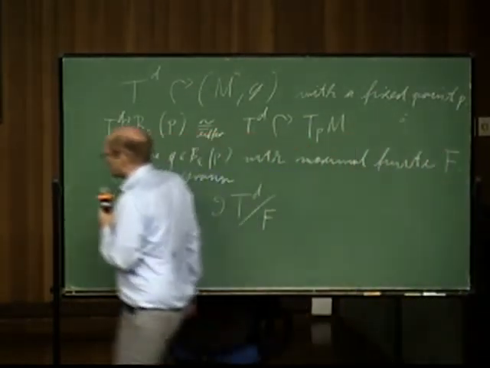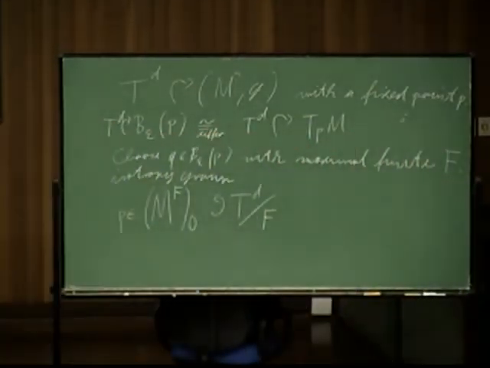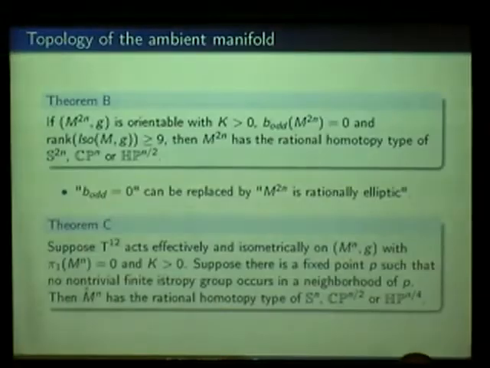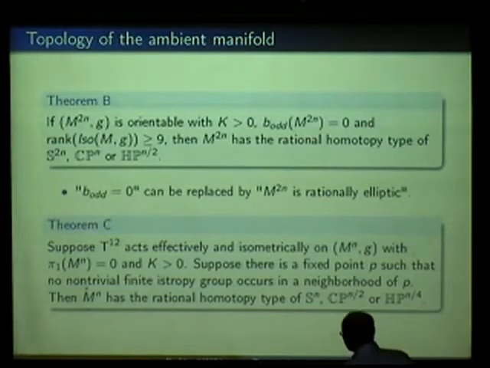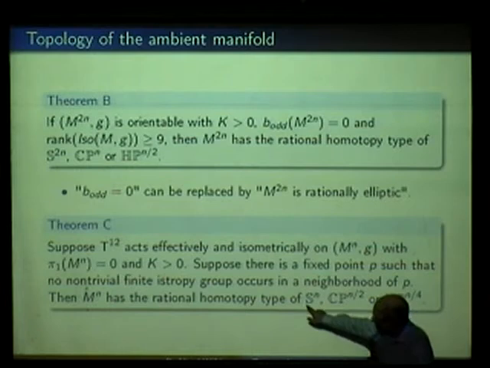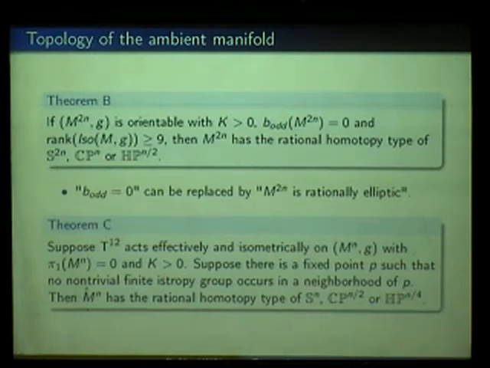So there will be these totally geodesic submanifolds, so that the assumptions of theorem C are satisfied, right? And then these have to be rank 1 symmetric spaces, at least rationally, right? So it's not clear whether you can do more. That's one of the open problems: how much more you can do with other coefficients, with integer coefficients, right? But one thing one can say here is if it's an even dimensional sphere, S^n with n even, then it's actually homeomorphic to an even dimensional sphere, also with the first theorem.